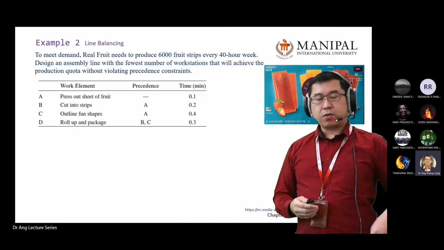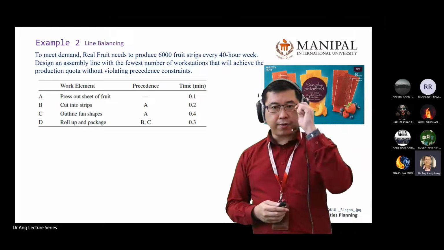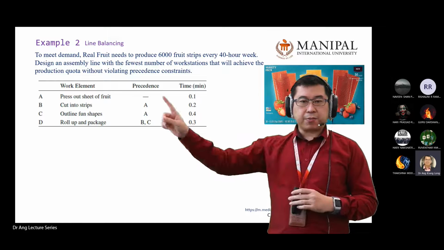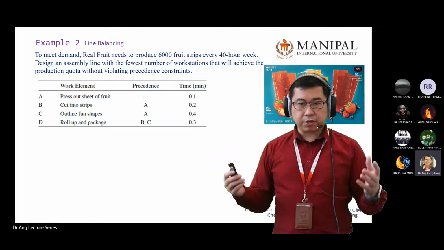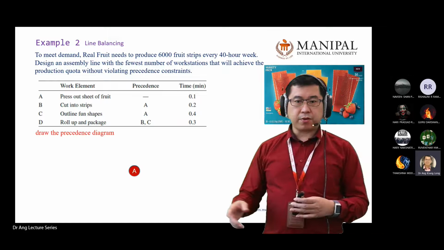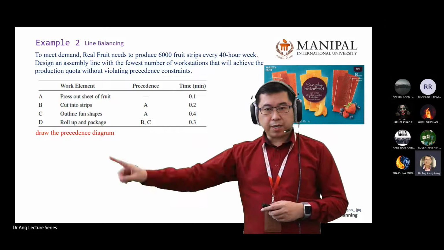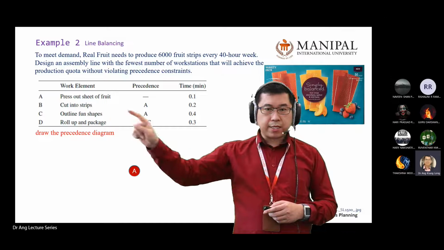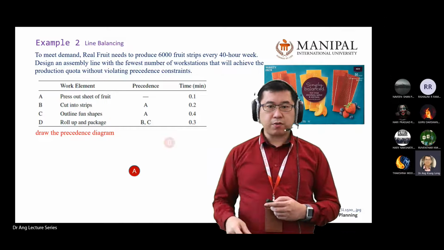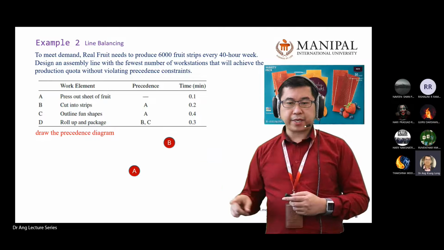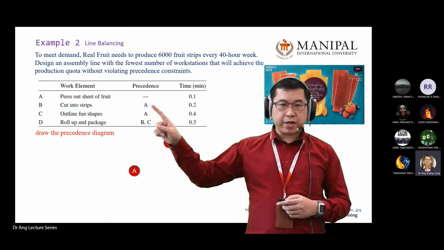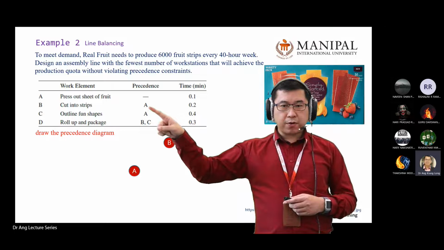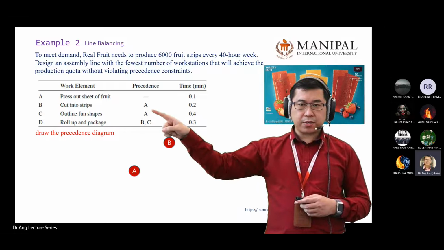So how do you develop the precedent diagram? Always start with the first process in the factory. So the first one, you start with A. Then you look at the table here. After A, you will go to B and C. So just follow the next one. You put B somewhere in a space and then draw an arrow for this precedence statement.